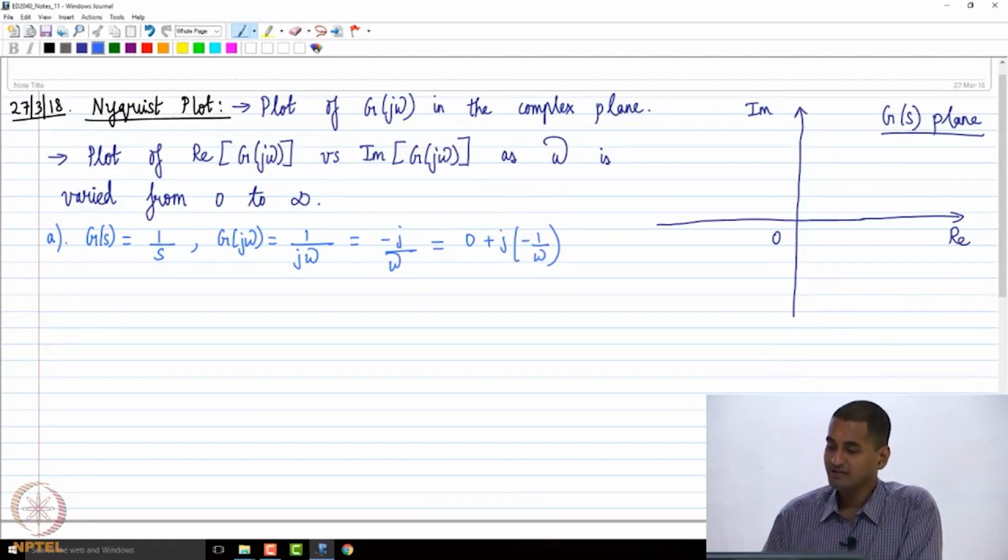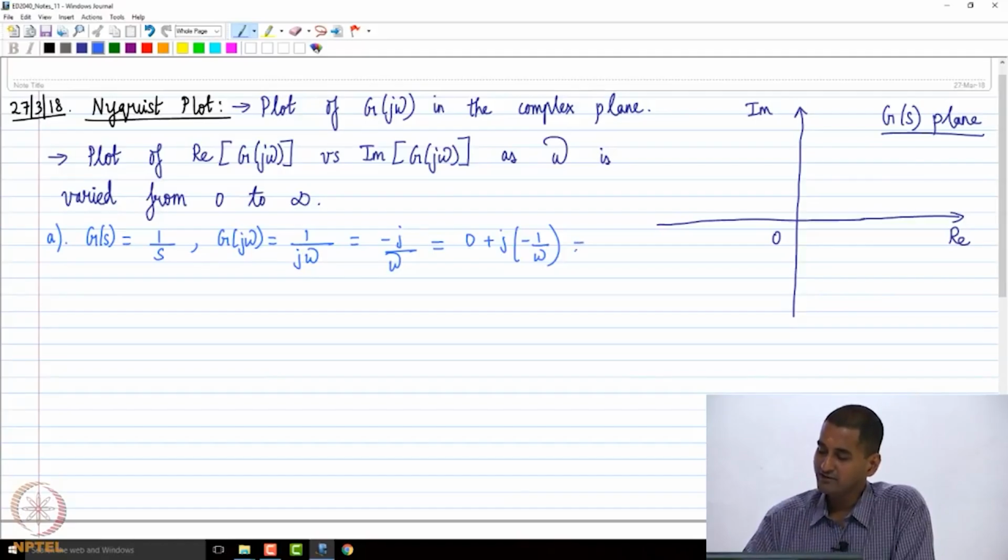So essentially what I am doing is writing it as the real part and the imaginary part. I can also follow an alternative representation of complex valued functions, writing their magnitude and phase. What is the magnitude of this function now? 1 by omega. What is its phase?